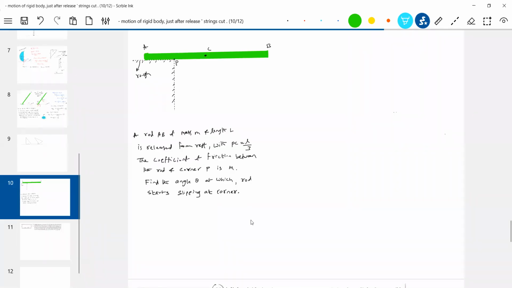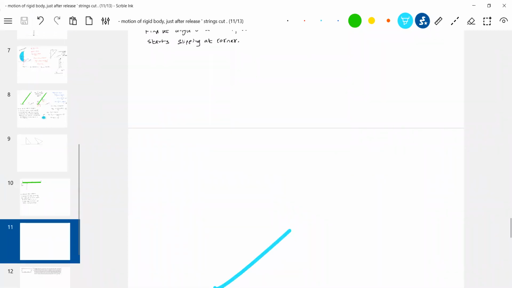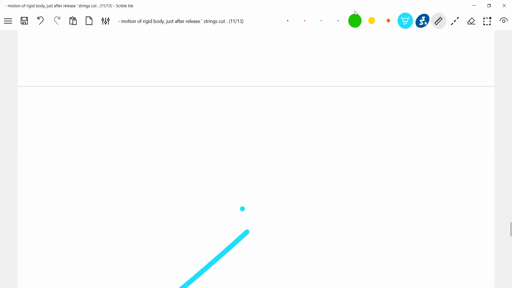I'll just give the diagram so that at least you can follow. So this is the corner. I'll draw the whole set of diagrams.